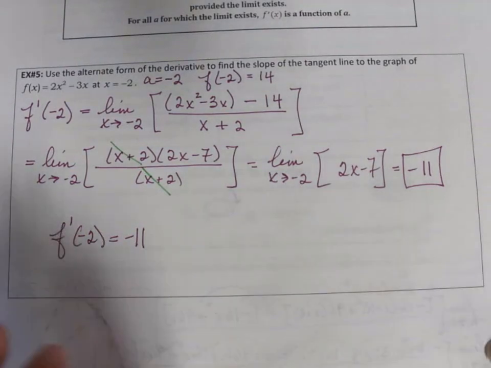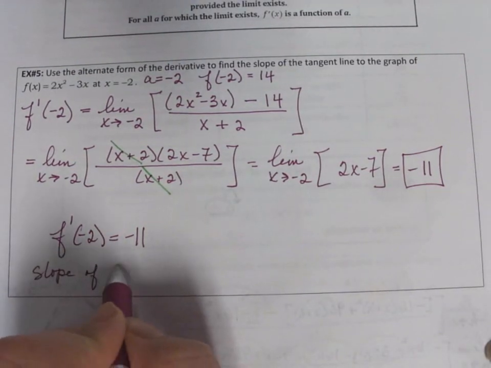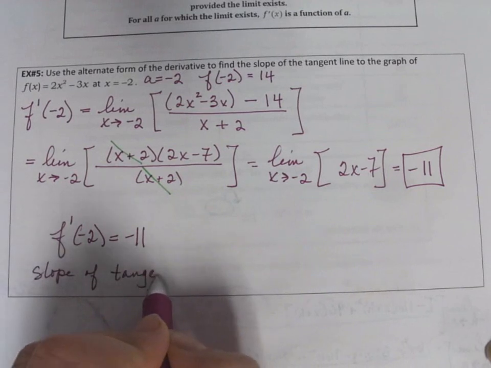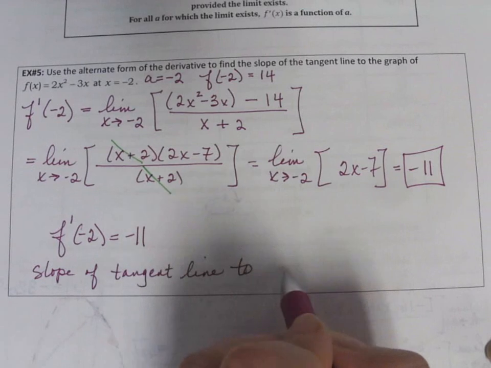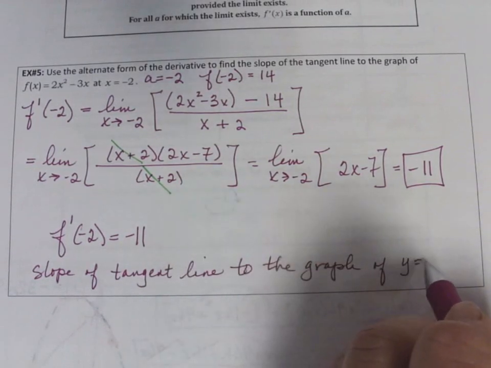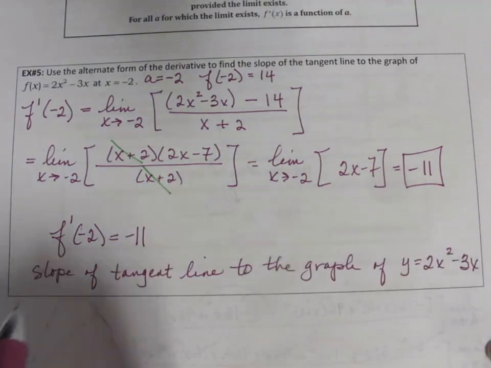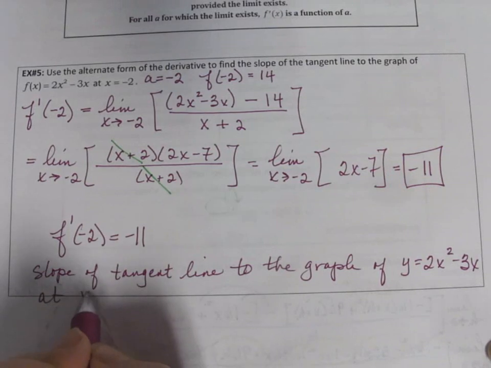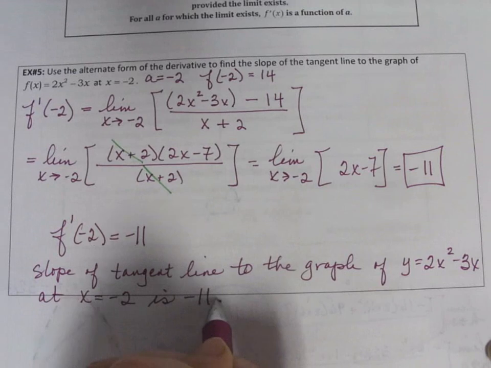Okay, or the slope of the tangent line to the graph of y equals 2x squared minus 3x at x equals -2 is -11.